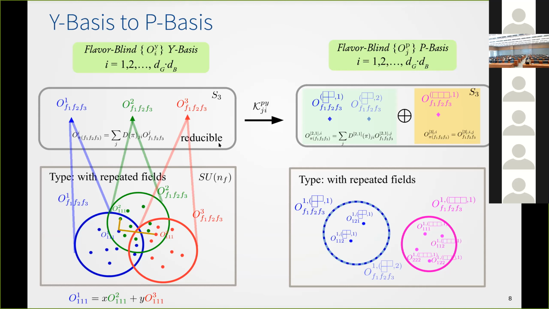And in this case, if you view the operator as a tensor of the SU(N) group, then the spaces spanned by these Y basis operators intersect with each other. And the flavor-specified operators represented by these bounded dots have a certain relation to each other.